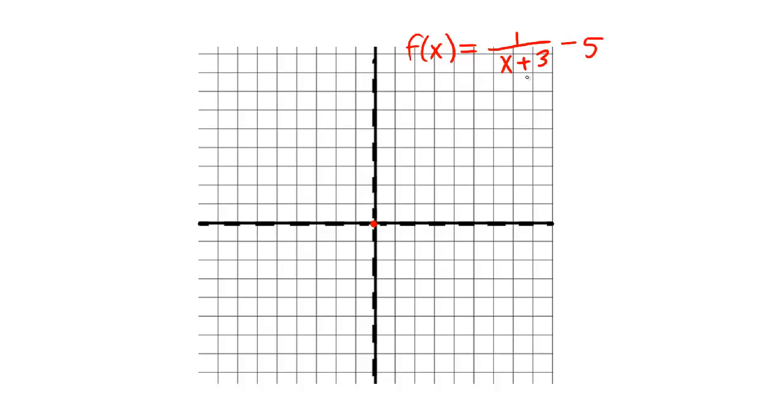So in this case we would be going left 3 and down 5. What that does is it takes our asymptotes, because that left 3, down 5 is telling us we're going to move those asymptotes left 3 and down 1, 2, 3, 4, 5, and that's what is going to divide our graph up.